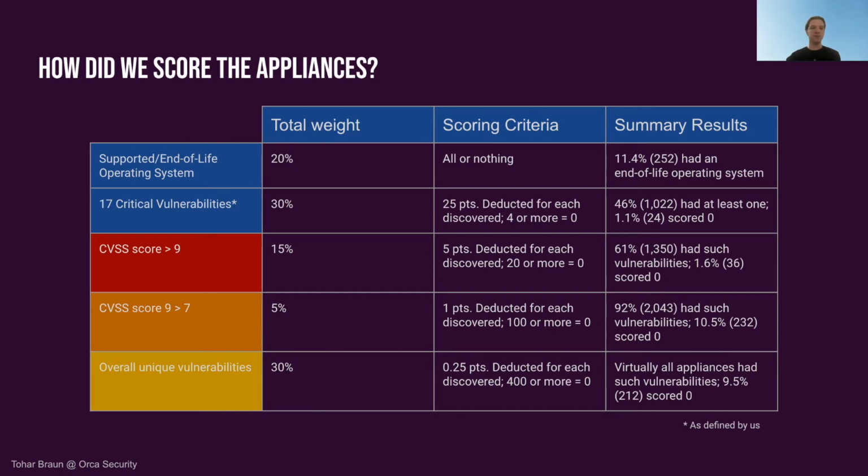This accounted for 15% of the total score, and essentially for each vulnerability that we've discovered on the machine, we docked 5 points. The fourth element were vulnerabilities with a CVSS score between 7 and 9, and finally, the overall number of vulnerabilities we found on the machine.